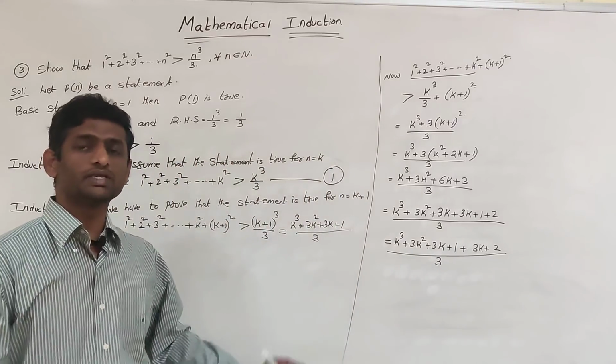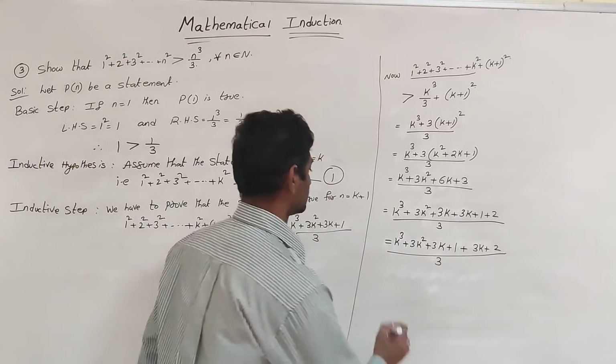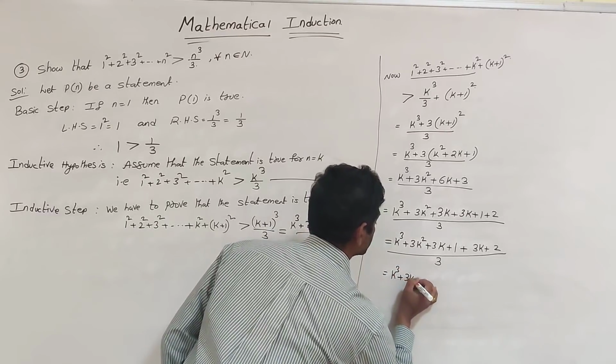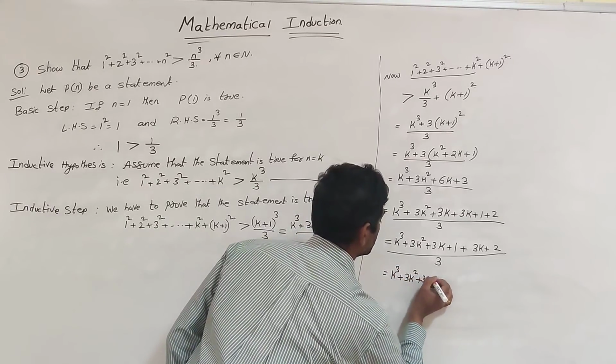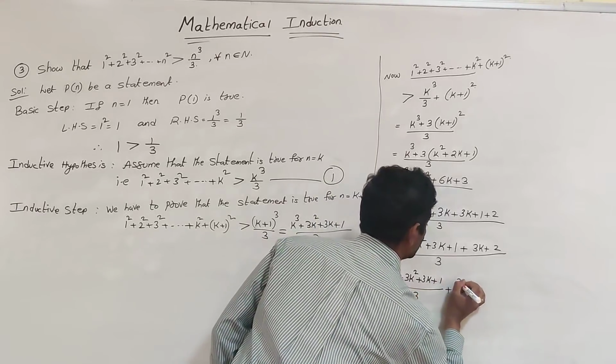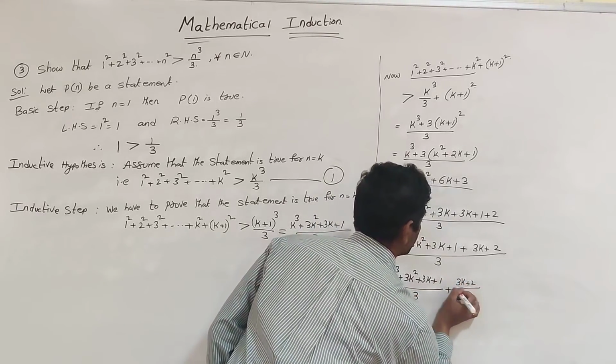As the denominator is the same, we can separate the numerators, that is k cube plus 3k square plus 3k plus 1 by 3 plus 3k plus 2 by 3.